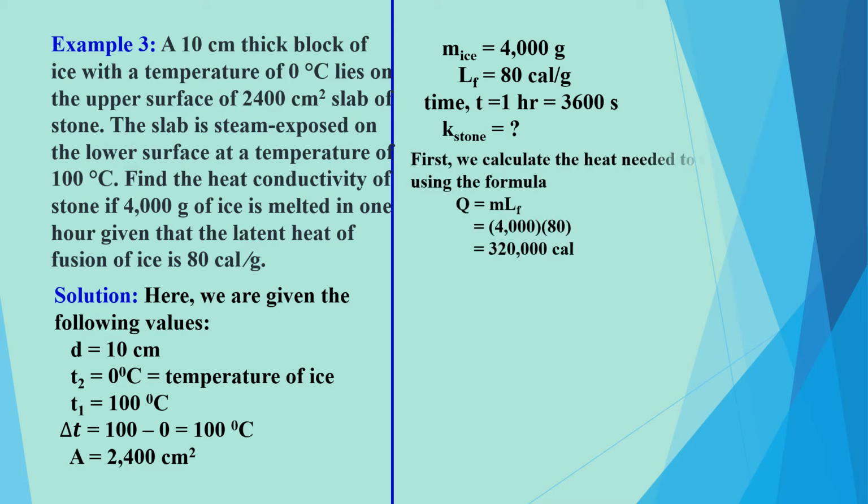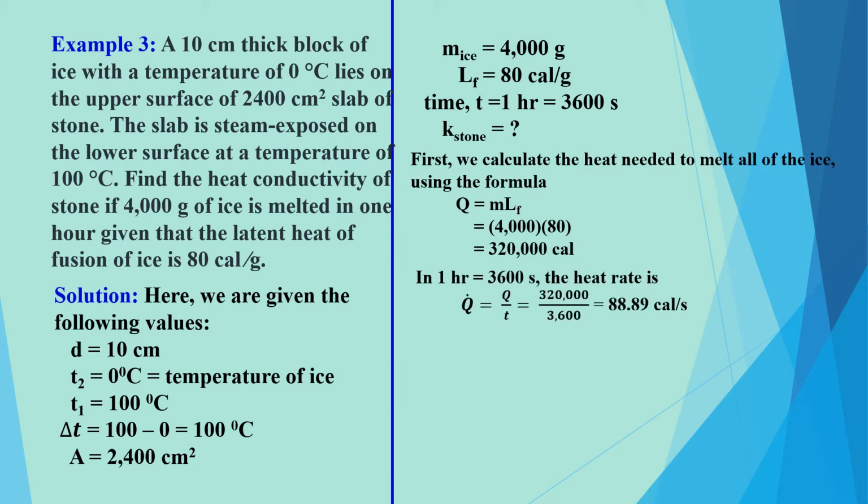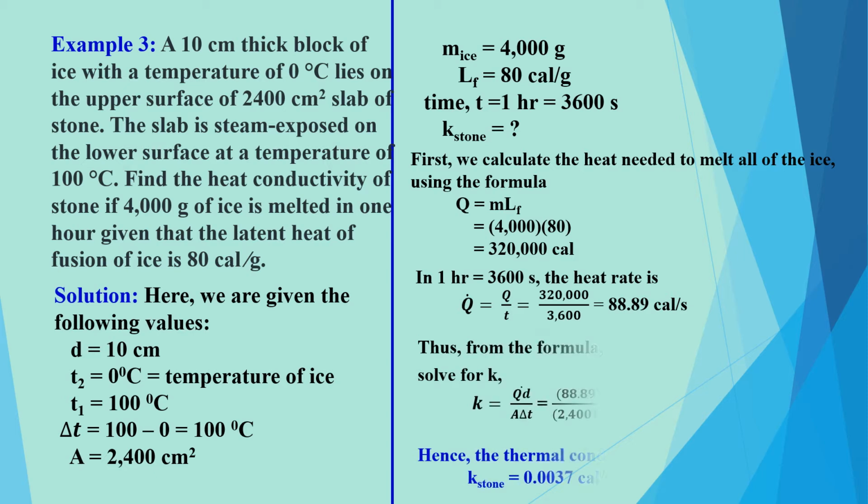First, we calculate the heat needed to melt all of the ice using the formula Q equals M times LF. M is 4,000, LF is 80, so multiplying these two, we have Q equals 320,000 calories. In 1 hour, which is equivalent to 3,600 seconds, the heat rate is Q dot equals Q over t, 320,000 divided by 3,600 equals 88.89 calories per second.